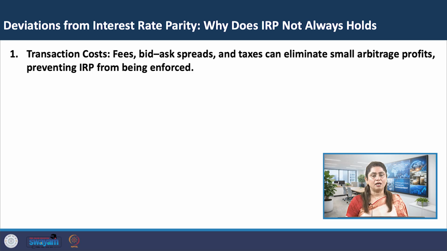Those costs eat away the arbitrage profit. A theoretical profit of 0.5% may sound attractive, but after the transaction cost, it may be zero or even negative. So the arbitrage that enforces IRP simply does not get triggered when the profit is too small to cover the cost of the trade.